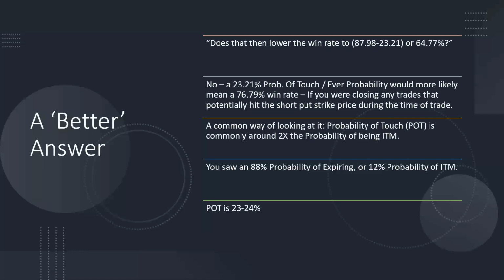It's essentially around double. So probability of touch, 23, 24%, kind of double the probability of that put being in the money. And again, if you were looking to close the positions when they hit that strike price, I would say that relates more to a 76.7, 76.8% probability rather than the 64.7% line.